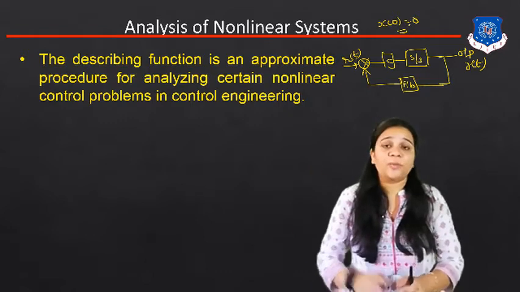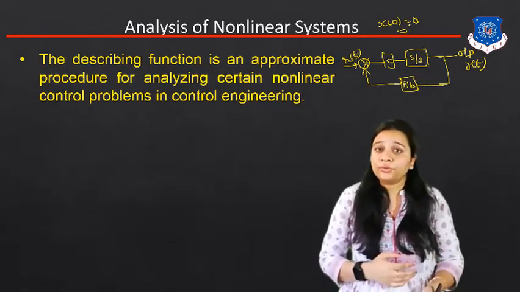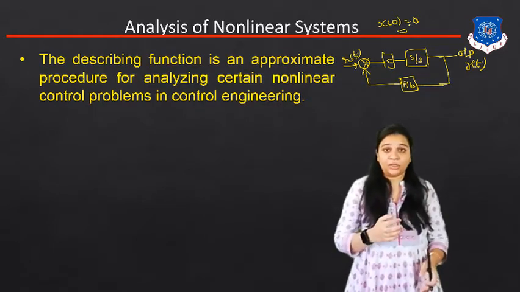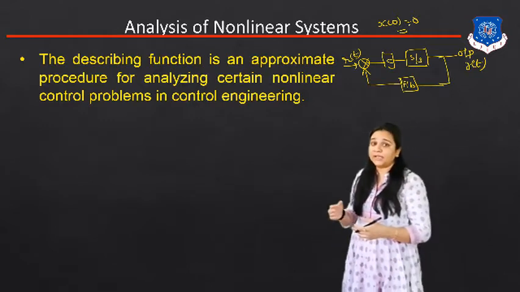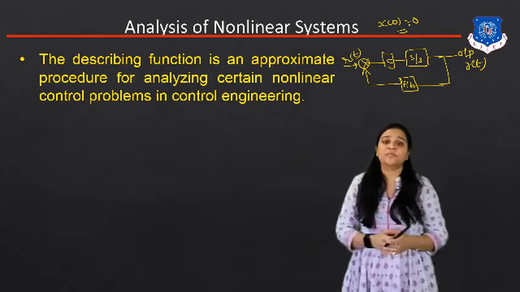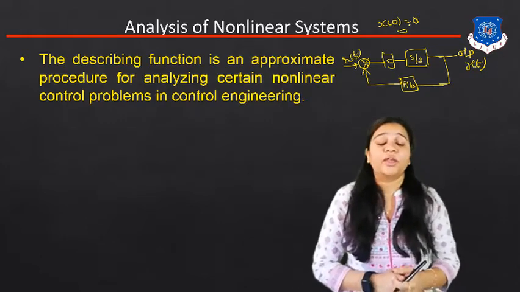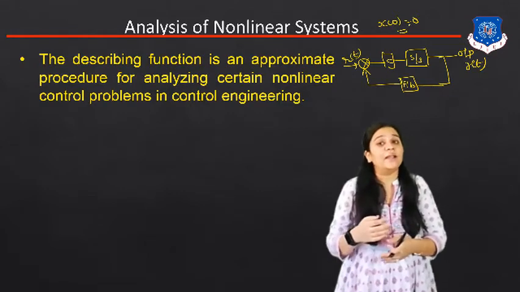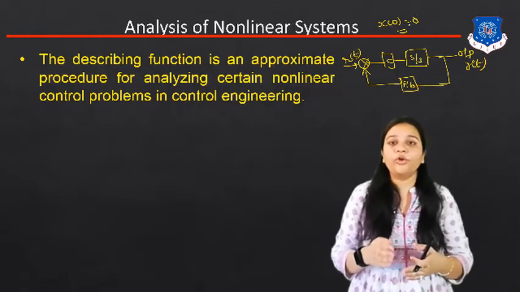Now our first topic is analysis of the nonlinear system. We use the describing function, an approximation method, for analyzing certain nonlinearities in control problems in control engineering. As we discussed earlier, we cannot apply the root locus, the Routh stability test or the bilinear method to find out the stability of a nonlinear system.